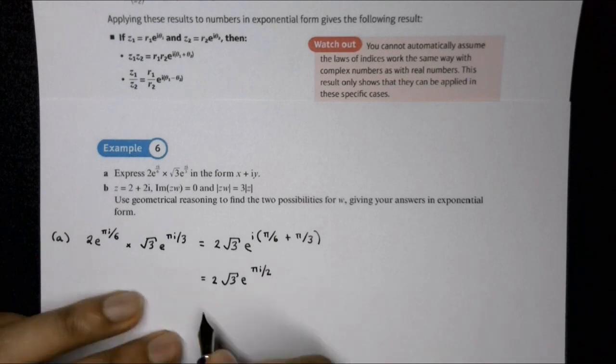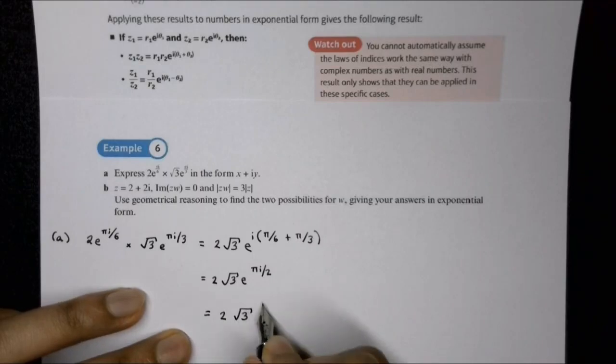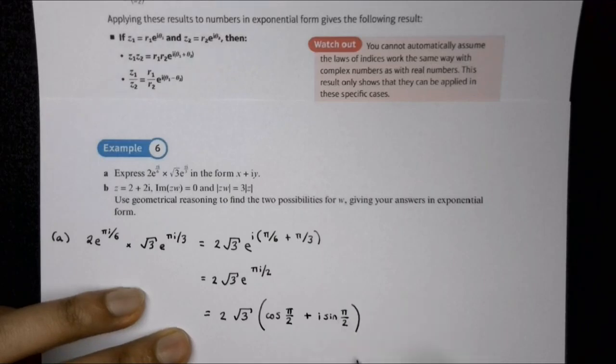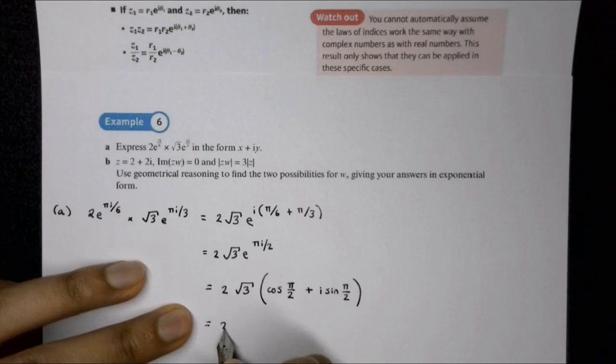So we have our new r, which is equal to 2 root 3, and then we multiply this by the cosine of pi over 2, and then we add on i times the sine of pi over 2. So if we tidy this up, we have 2 root 3.